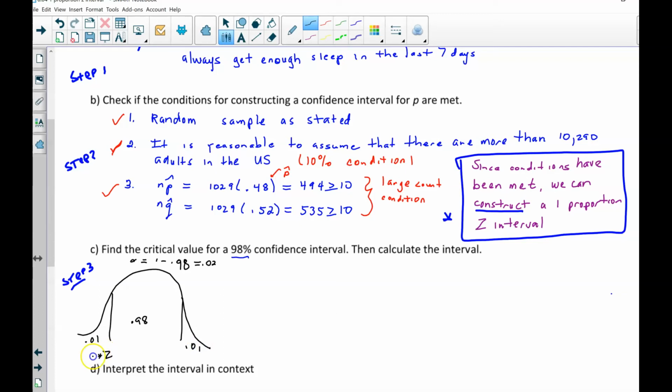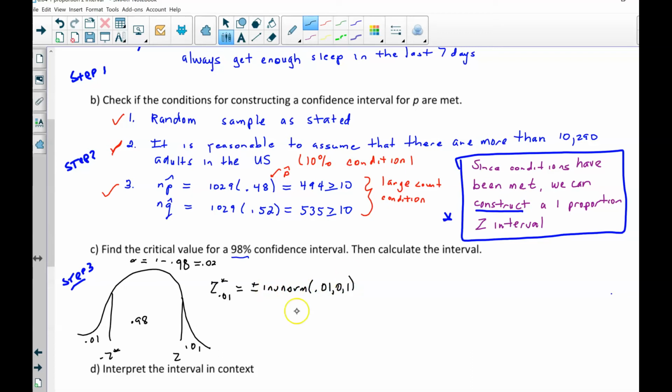So to get the critical value on the left and the one on the right, you're going to use plus or minus inverse norm of 0.01.